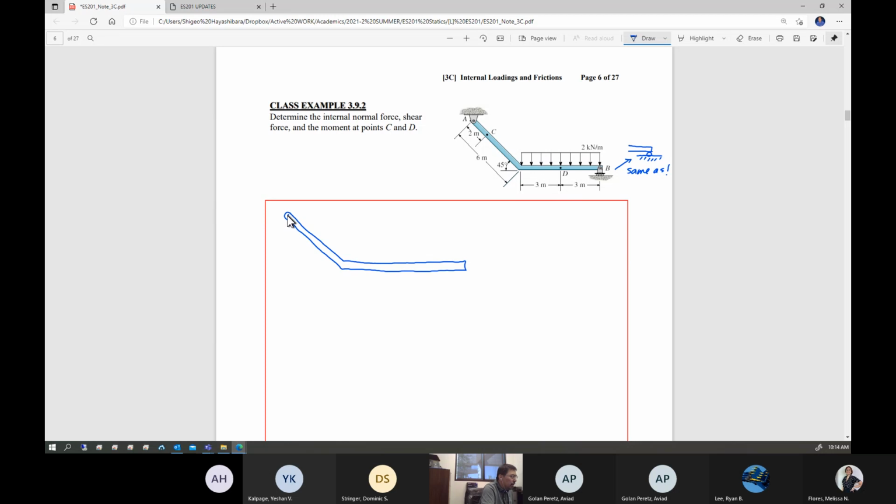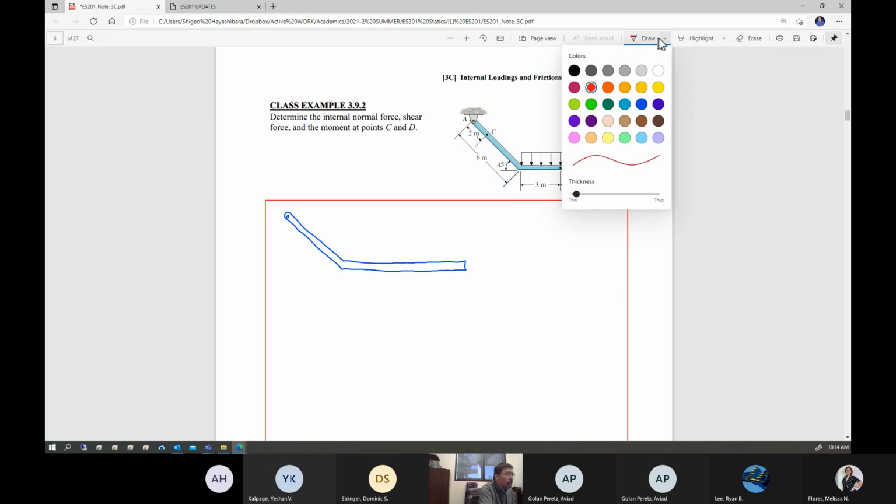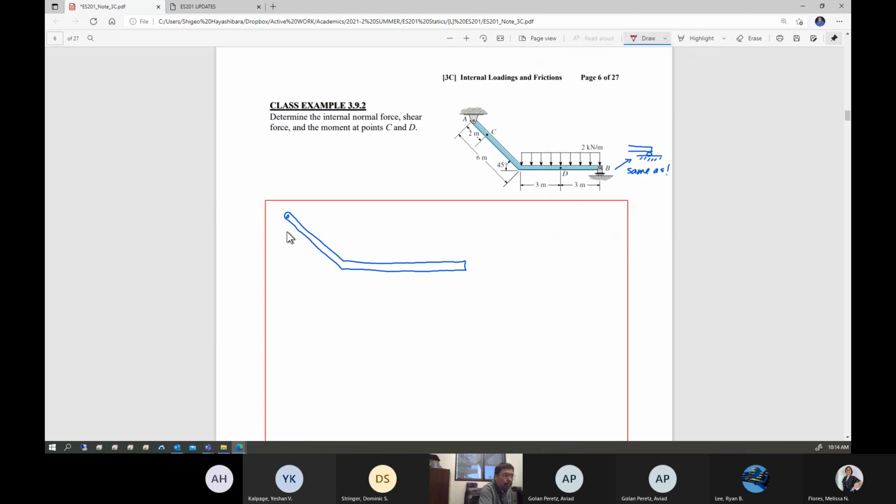So this is pin A. Okay, so this is B. So pin A introduced two unknowns.